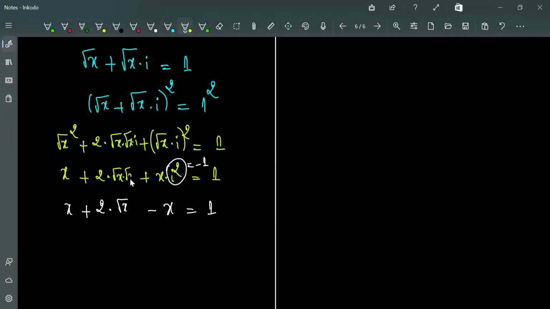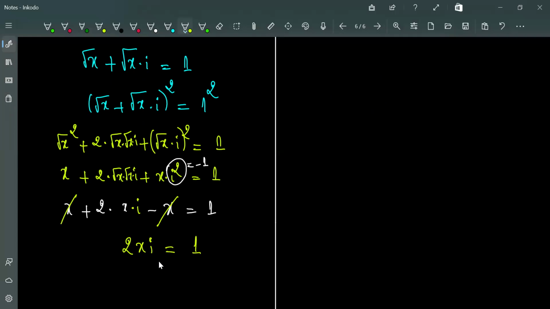The square root of x times the square root of x is equal to x. So right now we can write 2 times x times i. When we simplify this equation, we can cancel x and the negative of x. So the equation is going to be 2xi equal to 1.